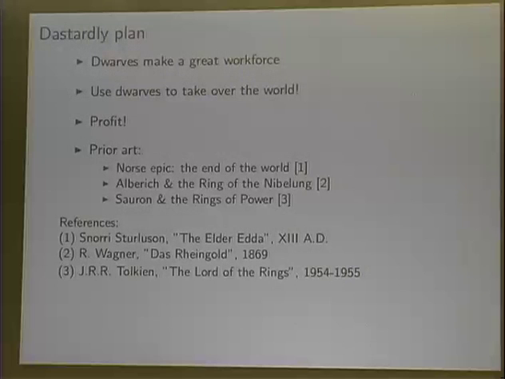You want to take over the world, right? I'm citing some references here: the Elder Edda, the Norse epos, then Richard Wagner's Das Rheingold, and J.R.R. Tolkien, if you remember, Rings of Power, Seven Rings for the Dwarf Lords and their halls of stone. There you go. So we're going to take over the world, exploiting the hardworking dwarf.